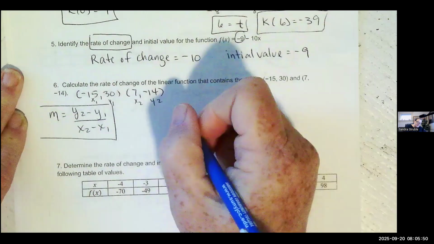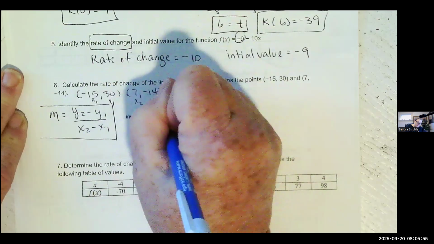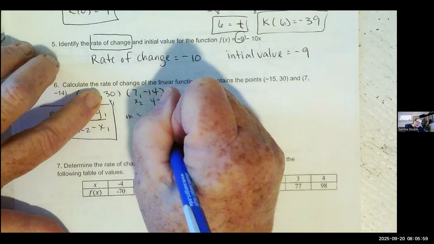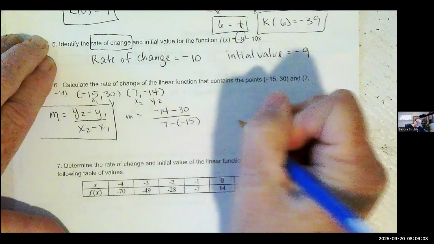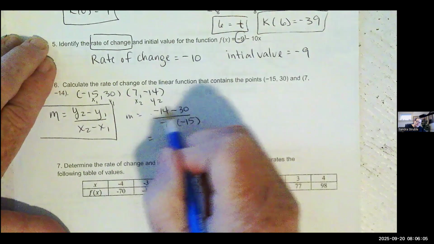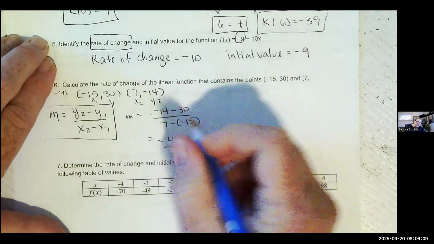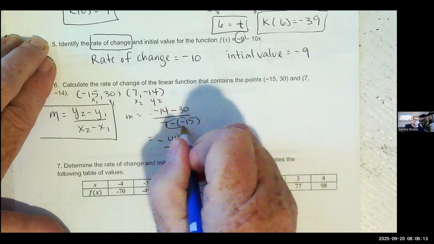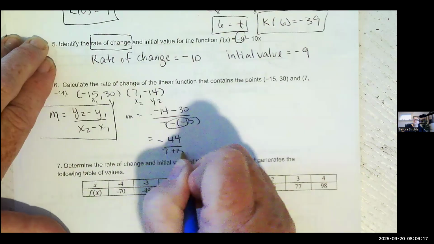All right. So m is equal to y sub 2, negative 14, minus y sub 1, 30, over x sub 2, 7, minus negative 15. The signs are the same, so we add them and keep the sign. So negative 44 over, this is a negative times a negative. This becomes a positive because they're right next to each other like this. So this becomes 7 plus 15. I'm not skipping steps here.